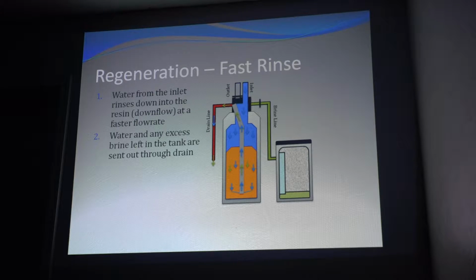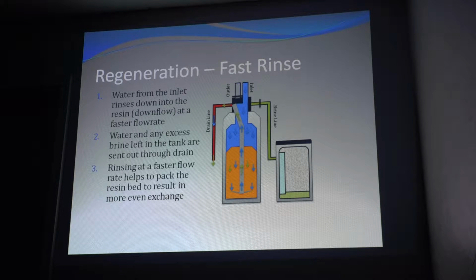Water and any excess brine left in the resin tank are sent out through the drain at that time. And once again, to reiterate, rinsing at a faster flow rate helps pack the resin bed to result in a more even exchange. That can last anywhere from 1 to 10 minutes. That's a programmable function.